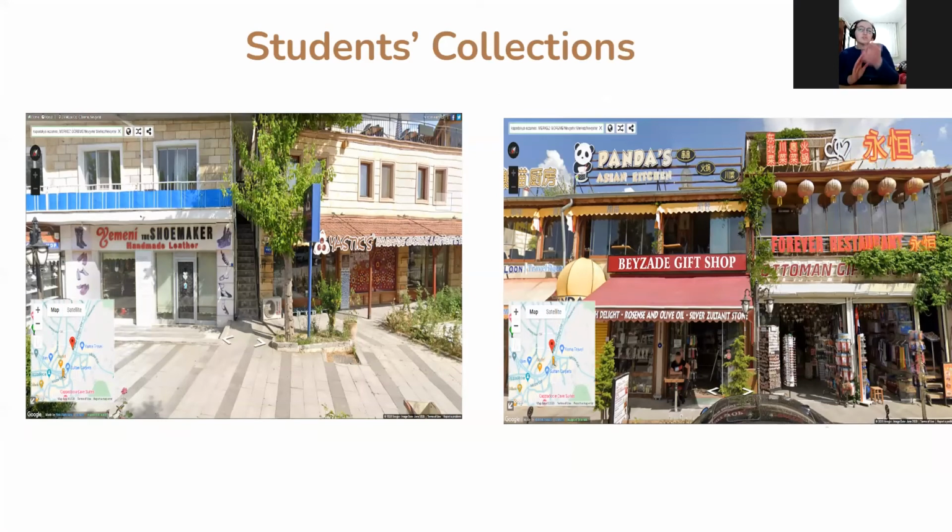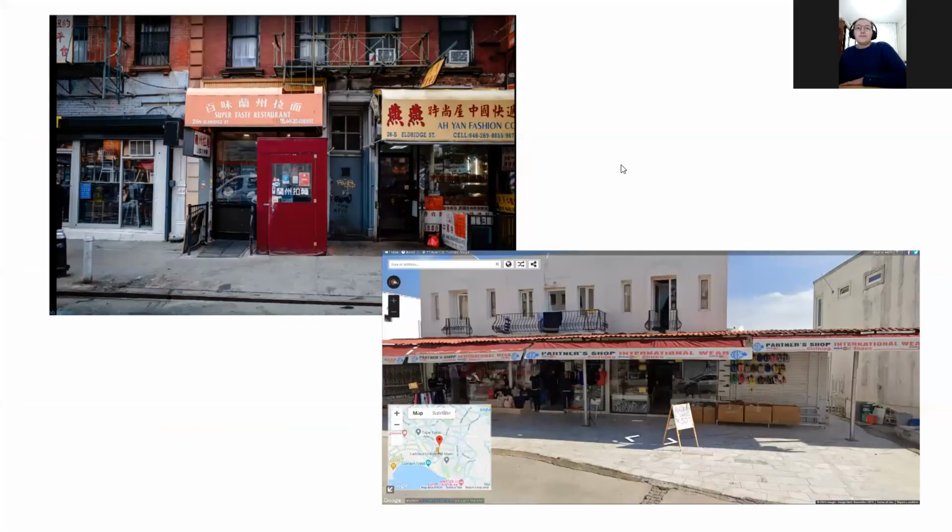These photos are taken in Nevşehir Göreme. You can see that in the first picture there is a shoemaker and the writings are all in English. And in the second picture, there are Chinese, English, and Korean.